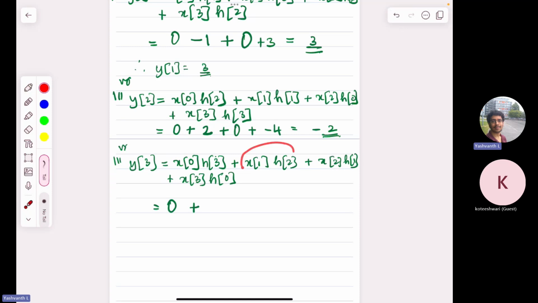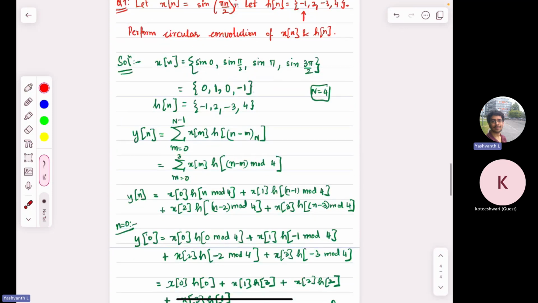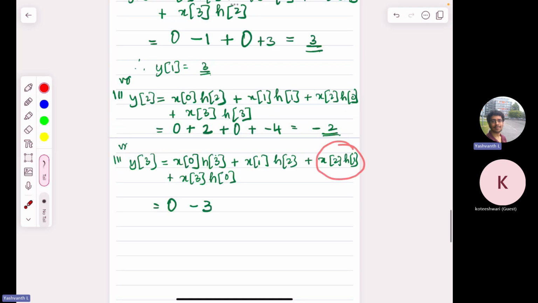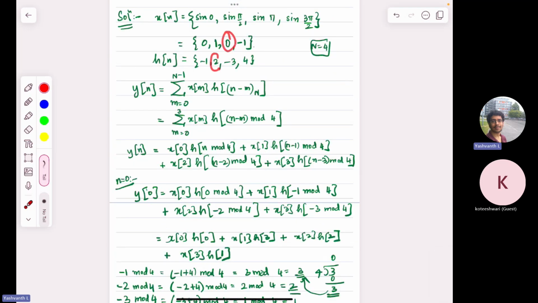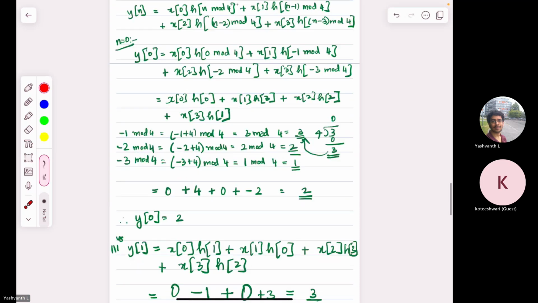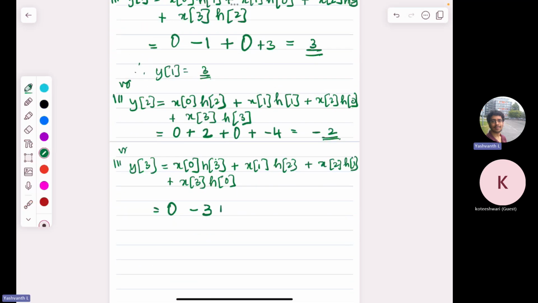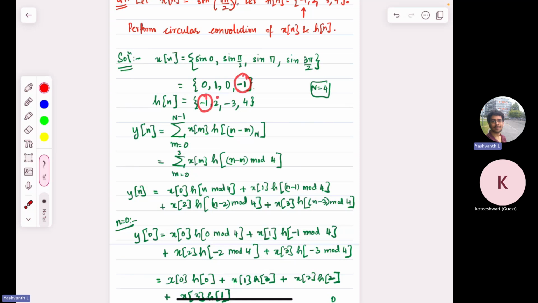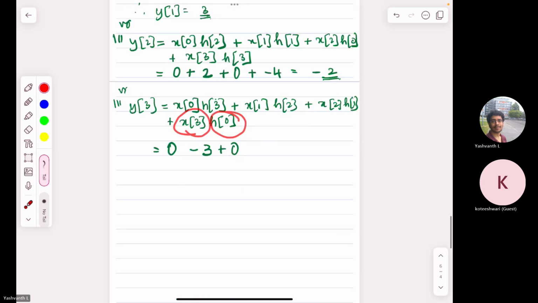Plus x of 1 into h of 2: 1 into minus 3 is minus 3. Next, x of 2 into h of 1: 2 into 0 is 0. And finally, x of 3 into h of 0: minus 1 into minus 1 is plus 1, which is equal to minus 2.